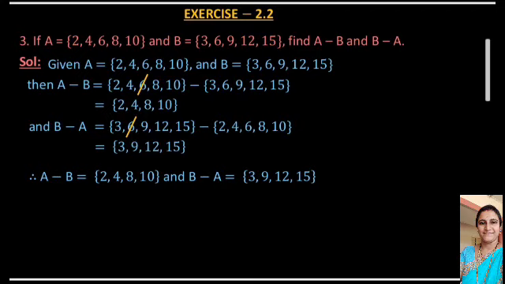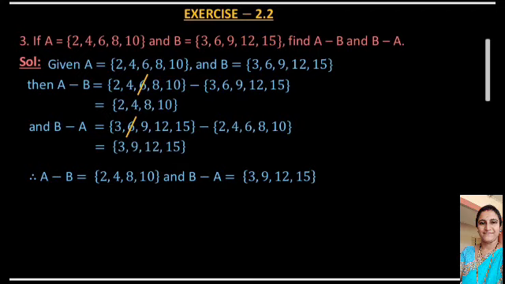Given A is the set {2, 4, 6, 8, 10} and B is the set {3, 6, 9, 12, 15}, to find A minus B, first you write the A set and then the B set. To find the difference, strike out the common elements, only in the first set. Then we get A minus B. That means we strike out only in the A set.